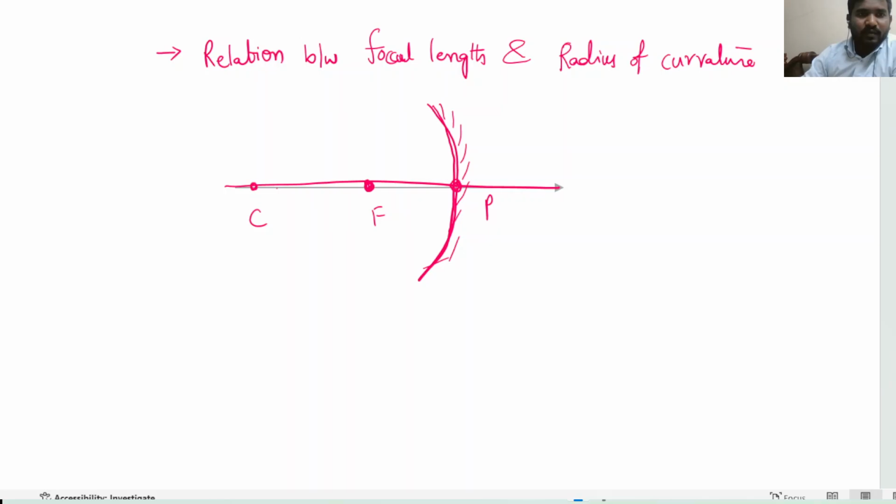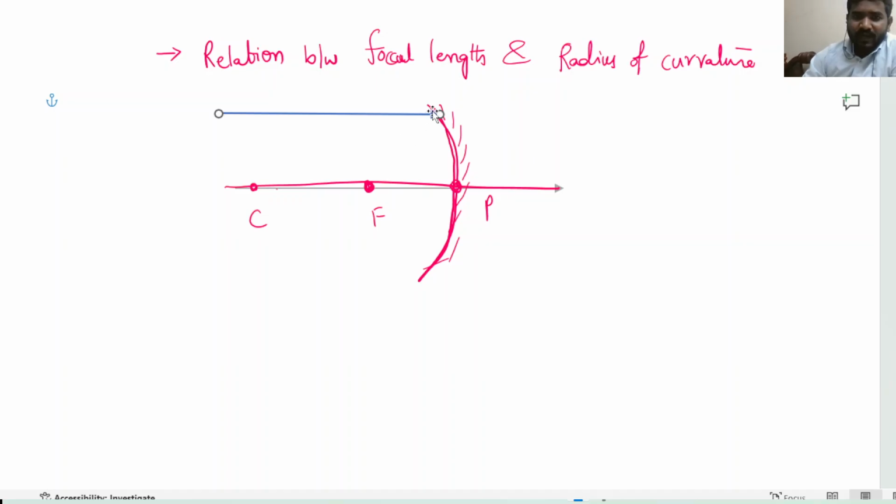Now, one light ray will be incident on the surface. Like this, one light ray you can take incident on the surface.